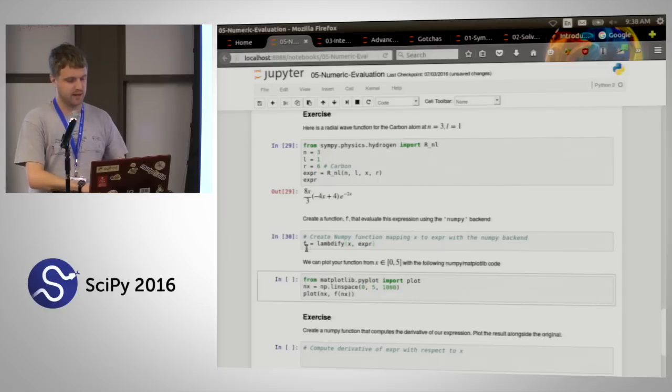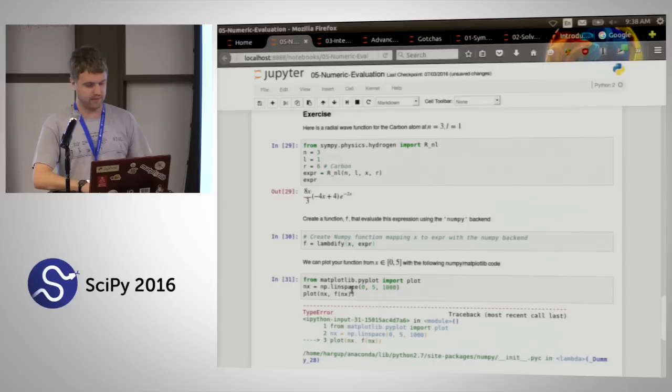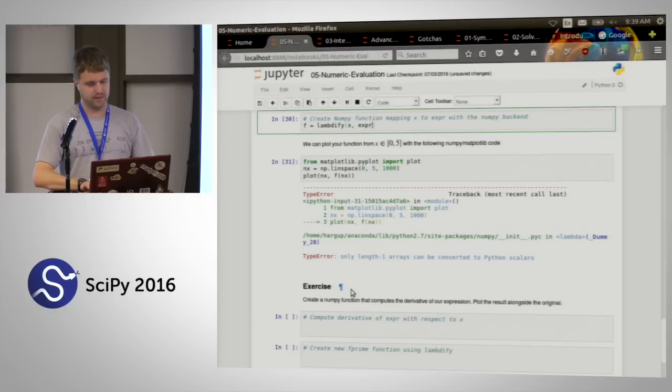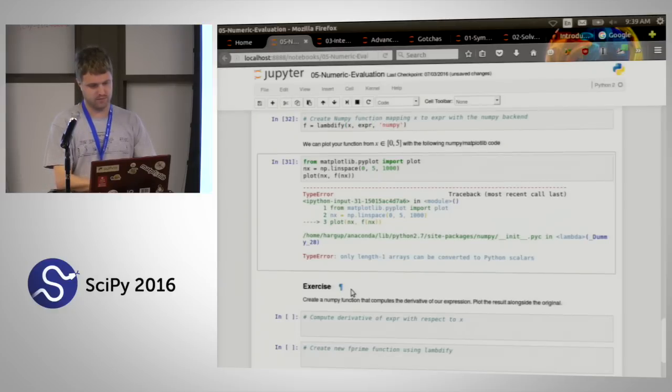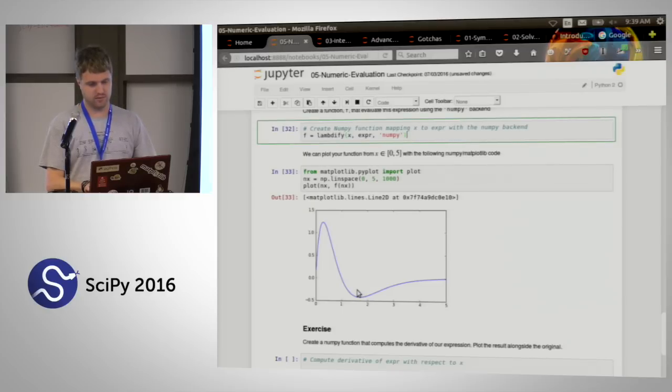And so now that we have this NumPy function, we can use matplotlib to plot it. So we create a linspace from 0 to 5, and... Oh, do we not have the latest version of SymPy on here? I was pretty sure NumPy was the default. It is now. Why would you not use NumPy?